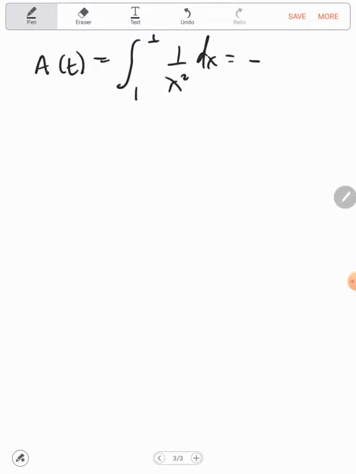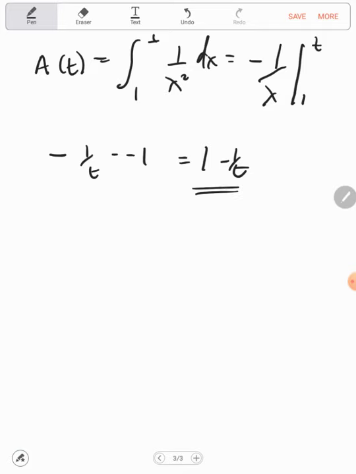This is just, as we have seen from the other integration, minus 1 over x, from 1 to t. So we replace with t, we're going to have minus 1 over t minus minus 1, which is the same as 1 minus 1 over t. So this is the answer that we get when we find the area from 1 to any number t.